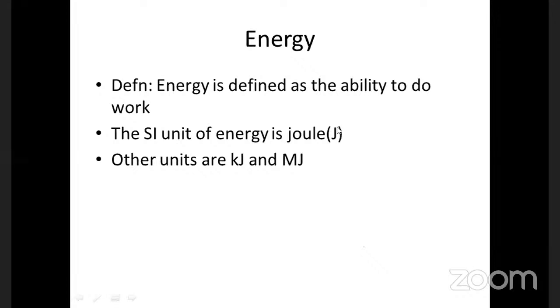Let's say 1 kilojoule is equal to 1,000 joules, then 1 megajoule is equal to 1 million joules.